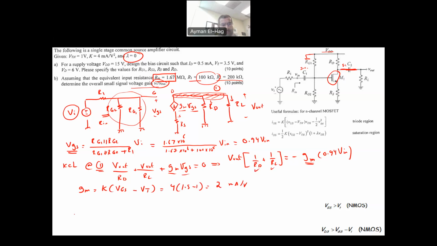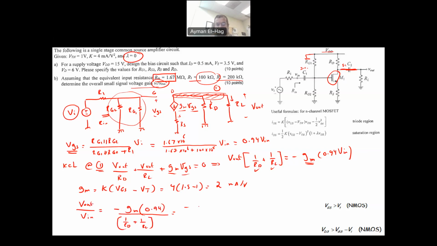So basically here my Vout over Vn will equal minus GM times 0.94, divided by 1 over RD plus 1 over RL. Everything is there.